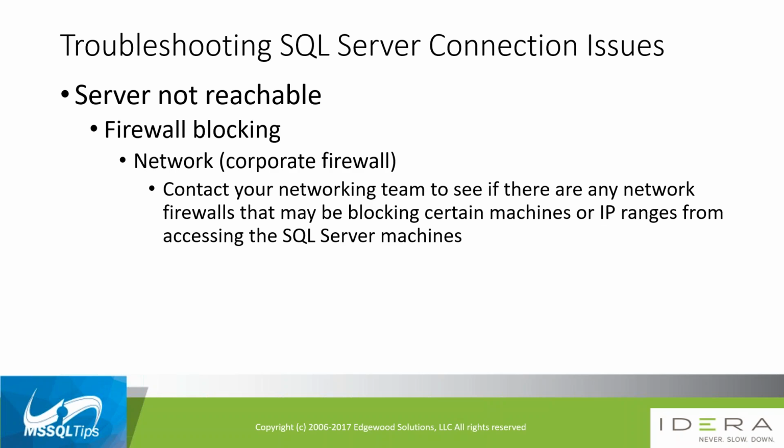So when I commonly see this come into play, it's when you've got a specific subset of people who can't access it. Like say the developers can access it, but the program managers can't.